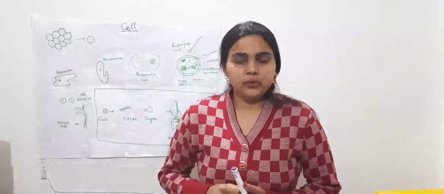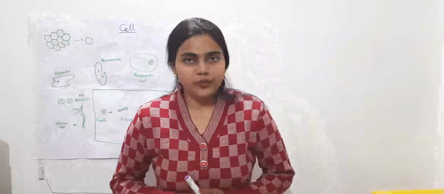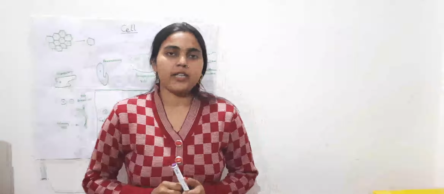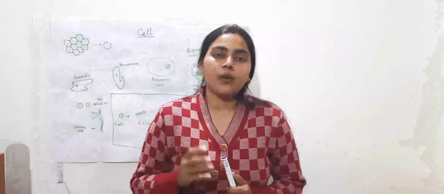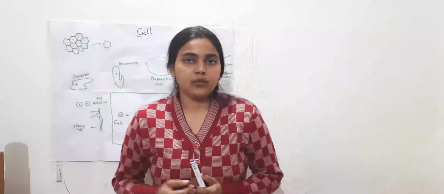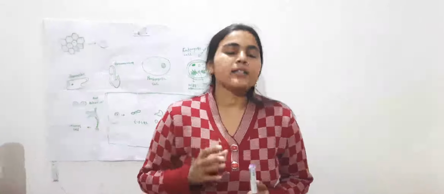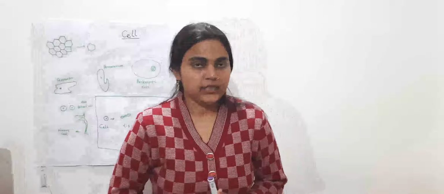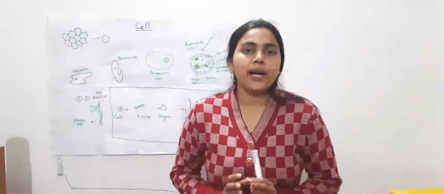Now coming to the interesting story behind the discovery of the cell. In 1665, Robert Hooke was observing a slice of bottle cork, which was obtained from the bark of a tree, and what he noticed was a honeycomb-like structure. In a honeycomb, everyone has seen the hexagonal compartments.